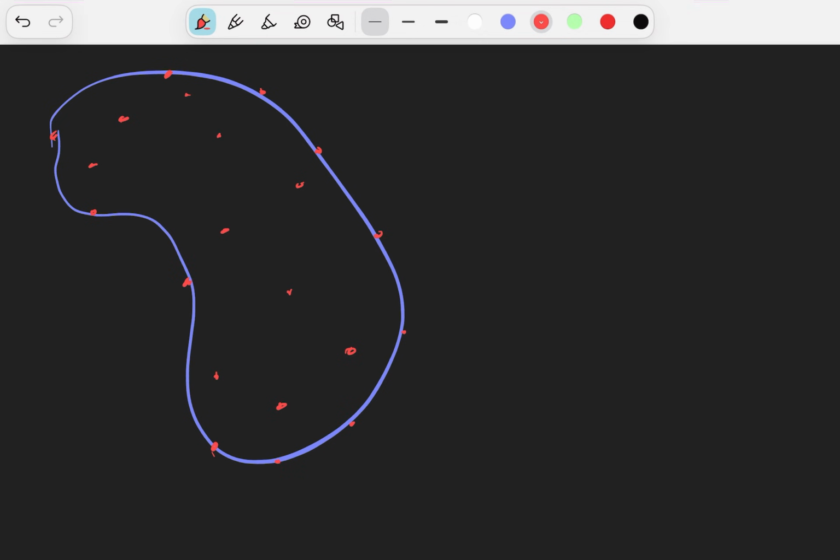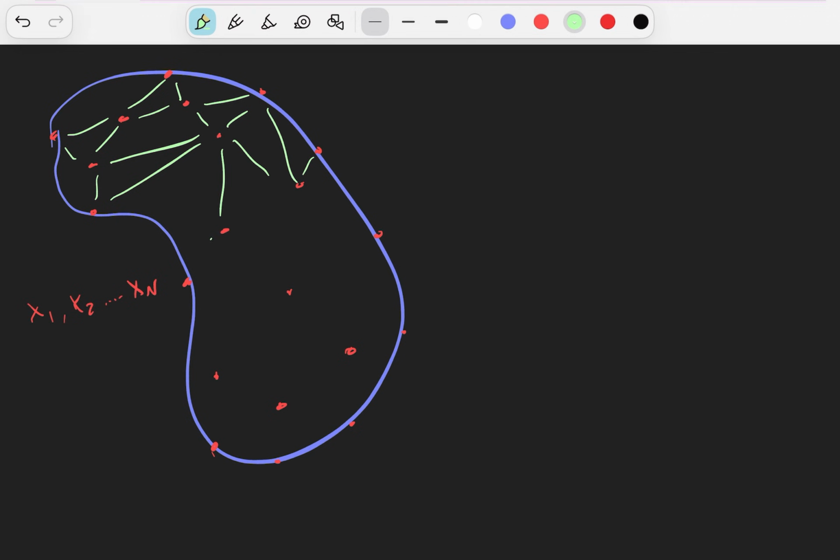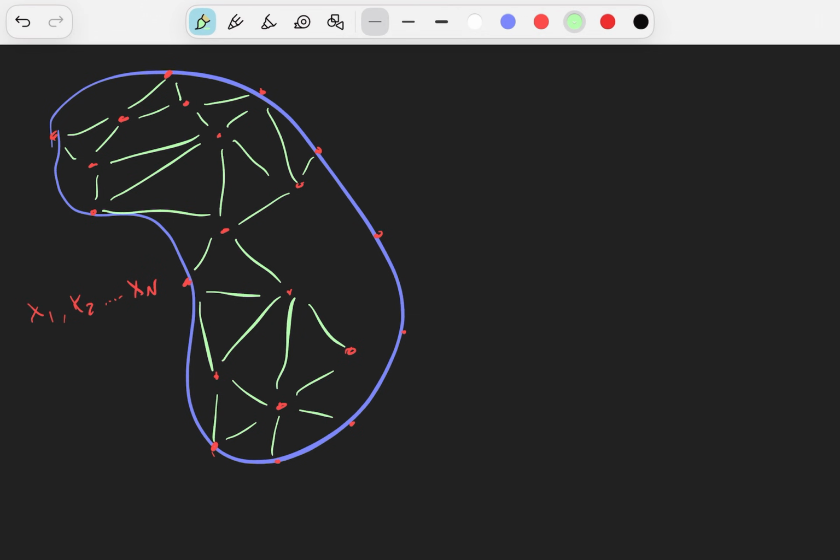So first of all, each of these nodes we'll call x sub 1, x sub 2, to x sub n, okay? And what we can actually do is connect all of these nodes together and do a triangulation, if you will, of everything and partition the domain in a particular way that is very interesting.